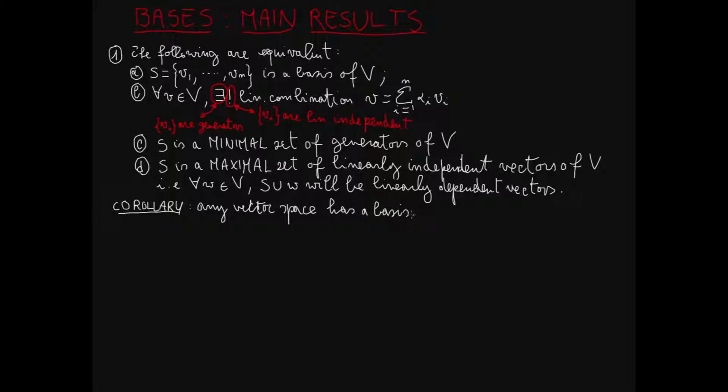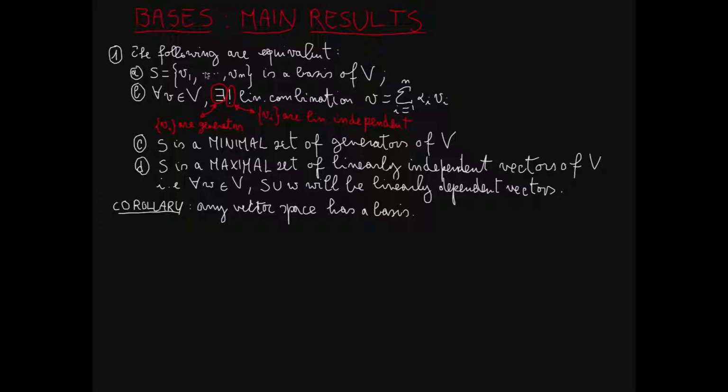How do we prove that? Okay, we take a finite set of vectors which are generators, and these exist by assumption, since any vector space is finite dimensional in this course. And then from these finitely many vectors, we start removing those that are linear combinations of the others.